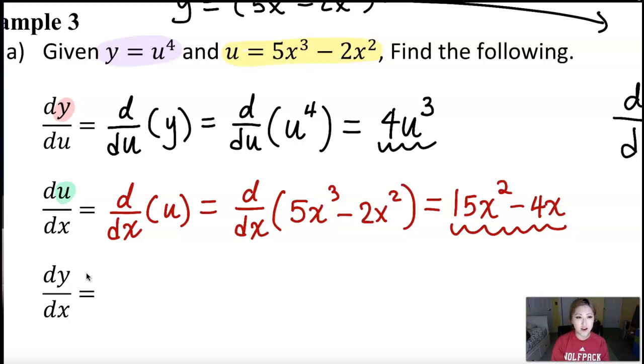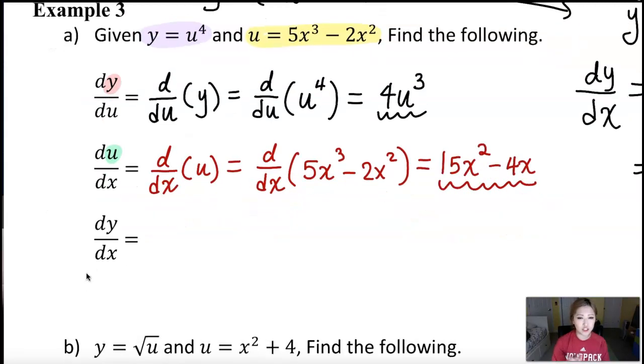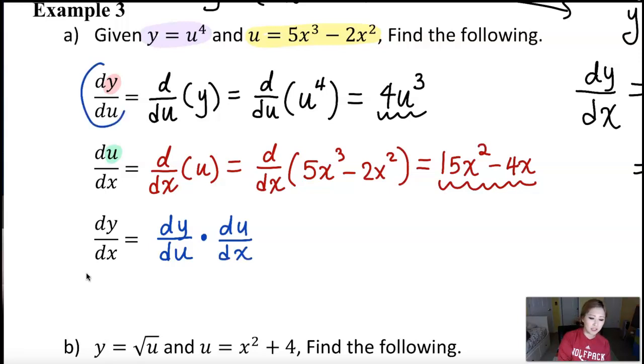Now finally, they want you to find dy dx. Now I'm going to go ahead and write down something, and I want you to see if that makes sense, okay? dy dx is the same thing as dy du times du dx. If you're wondering where did you get those two from? I'm just multiplying this times this.